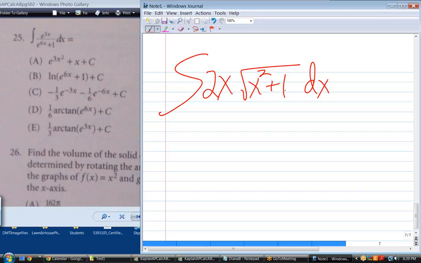What's the derivative of that? 2x. What's sitting right next to it? 2x. That means if I use U substitution, I can turn this entire thing into an integral in U, and I won't have any x's left. So how would I do it? What would I let U equal to? Work me through this whole process, starting with this over here on the right.